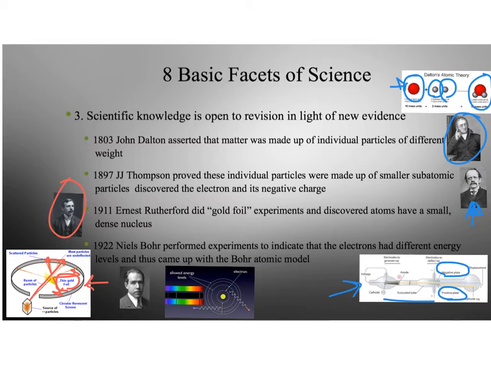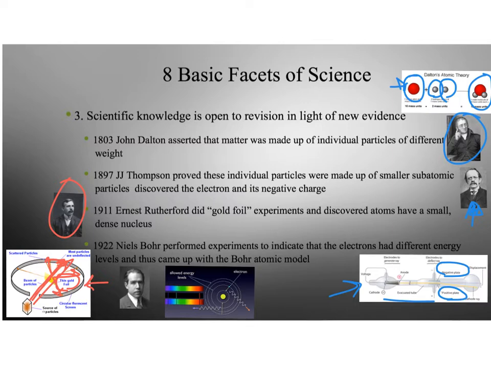Okay, so after all of his experiments, he again revised the idea of an atom and said, atoms must have a small, dense nucleus inside them which our alpha particles are bouncing off. If there was no small, dense something inside of that gold foil, then all of the alpha particles that he shot through should have just gone straight through.